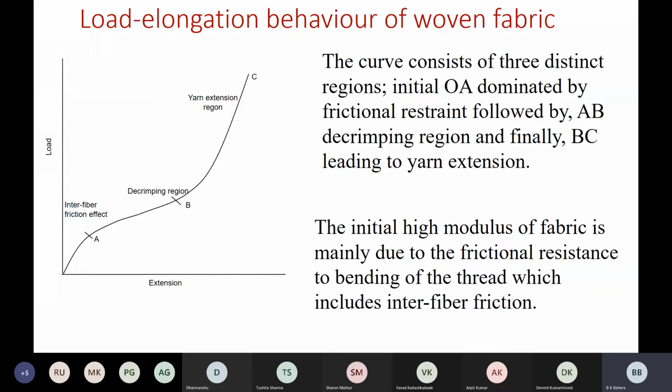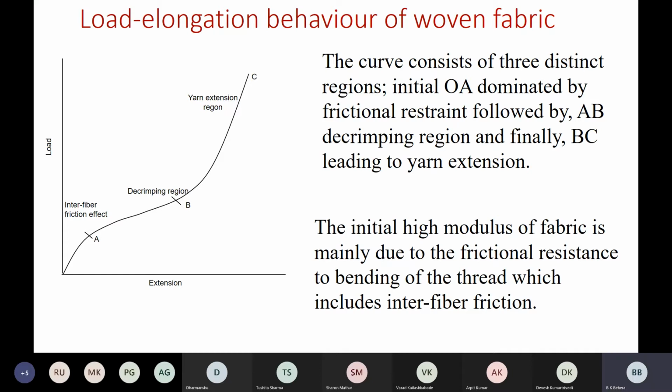So after applying further load, what happens? This crimp is first removed. We call it decrimping. That's why the curve tilts towards the extension axis, because decrimping means straightening the yarn. Straightening the yarn does not need a very high force.